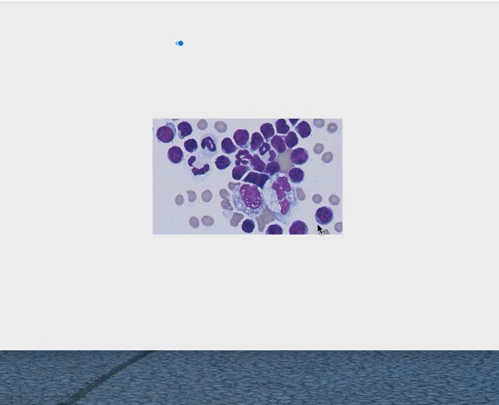This, however, is a pretty cellular sample. Had it not been cellular, we would proceed then, just like with urine, to spin down some sample and get a sediment, and then do that sediment cytology instead. If you're submitting that to the lab, make sure the lab knows it's either an unspun cytology or a sediment cytology.